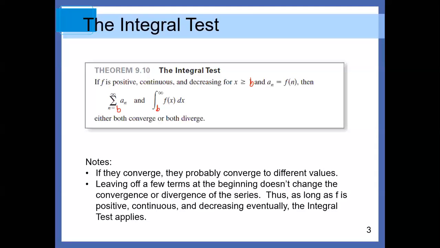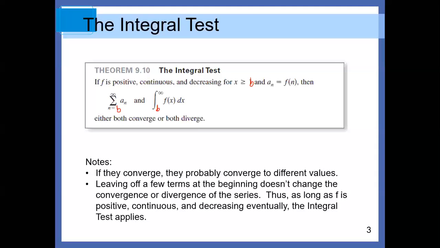Does that make sense? It just has to be from some point on. The function is positive, decreasing, continuous. By the way, how do you check that a function is decreasing? You take the derivative. Yeah. Okay? So these two things are going to converge or diverge together.